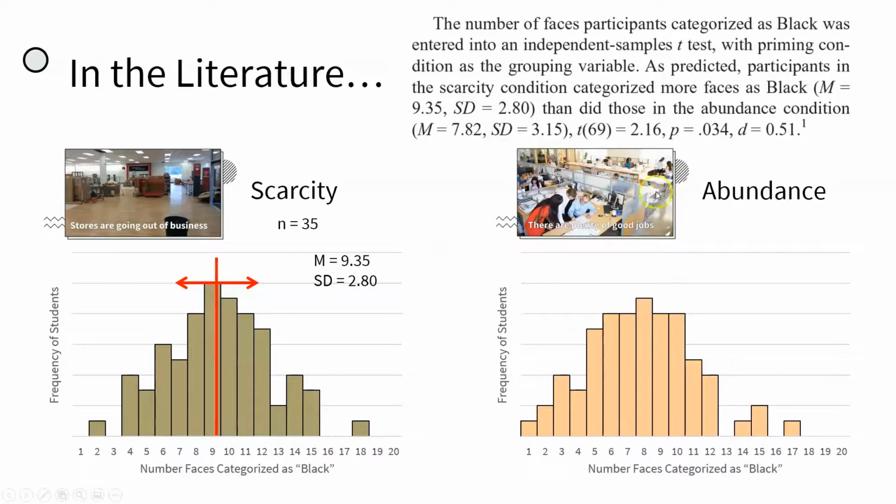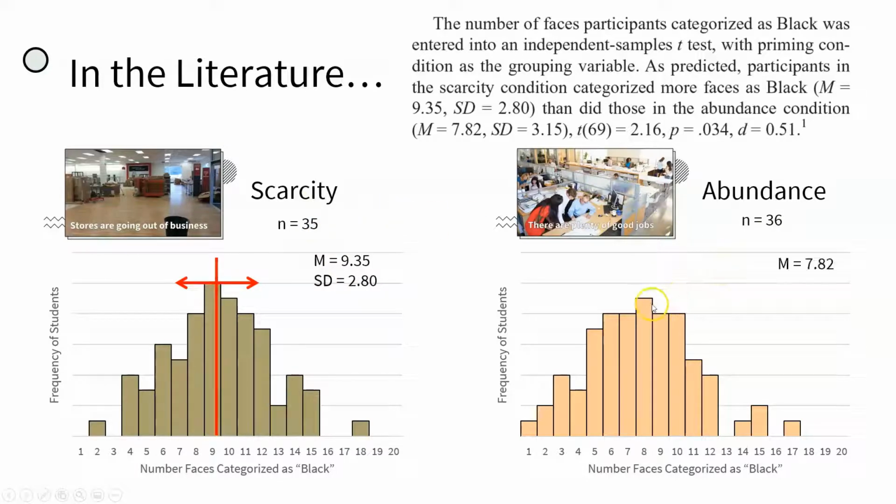In the other condition, the abundance condition, we found that there was a smaller mean, 7.82. Here, I've just said that maybe this had an N of 36. It could have been 35, and maybe this one was 36 over here, but it doesn't matter.